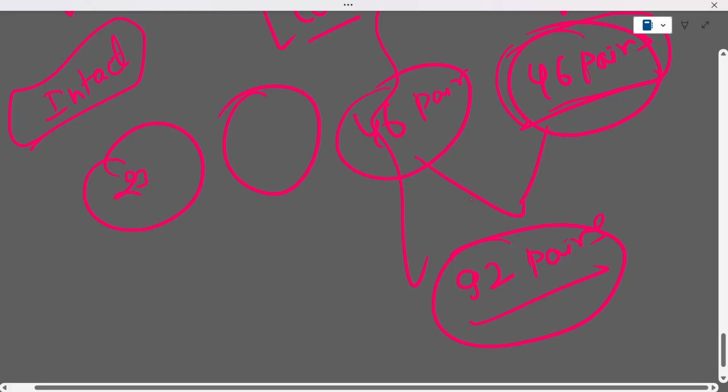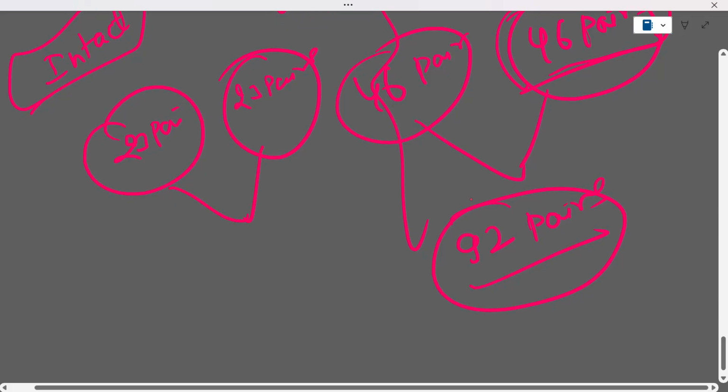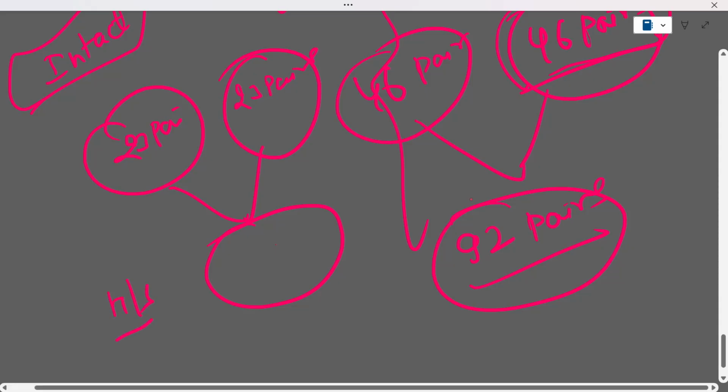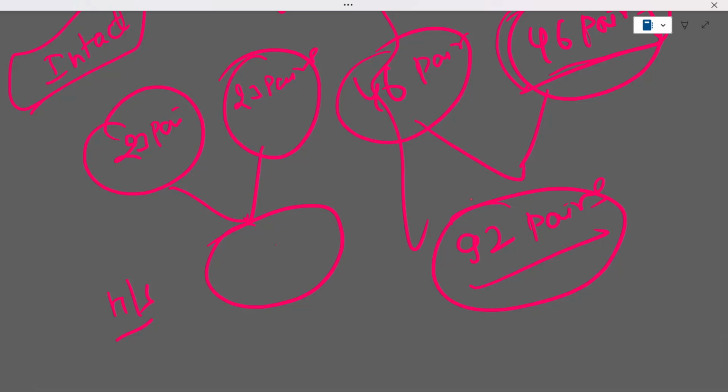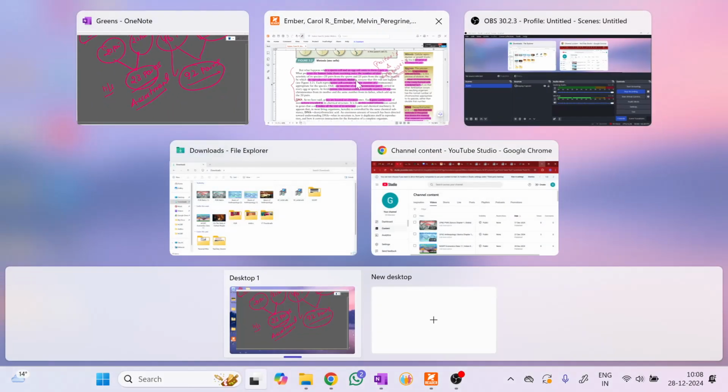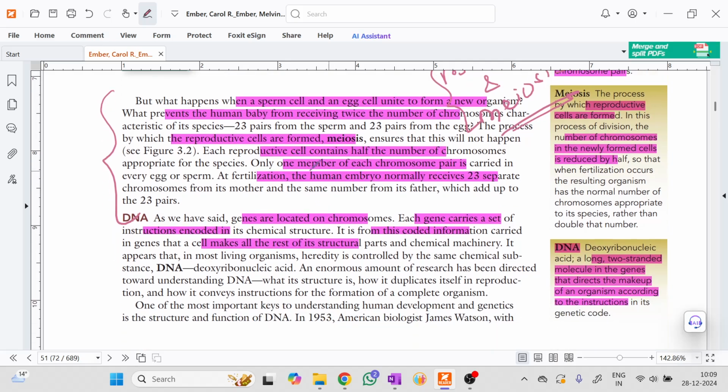Now what happens is the parents have 23 pairs, and when fertilized, the organism derives only one copy from each of their parents. So this is how the 23 pairs are ensured. And which copy is being derived is a matter of assortment, and a matter of natural selection, which we are going to talk about in this particular chapter.